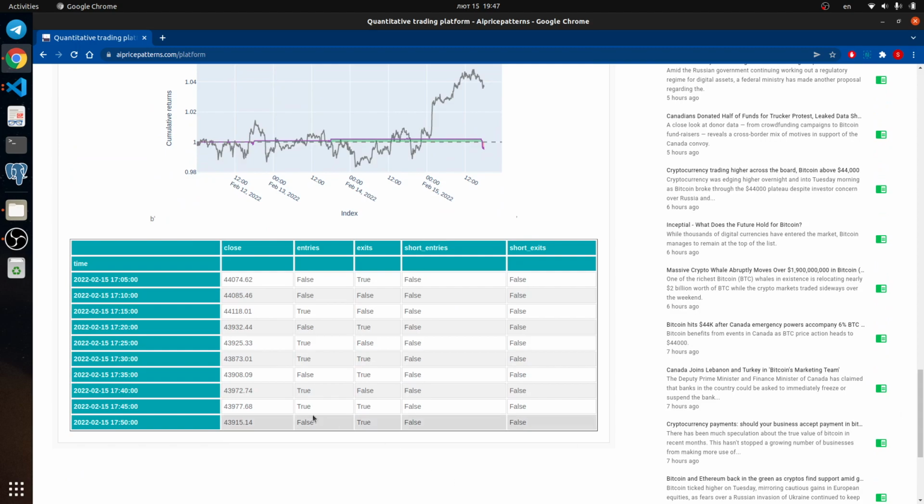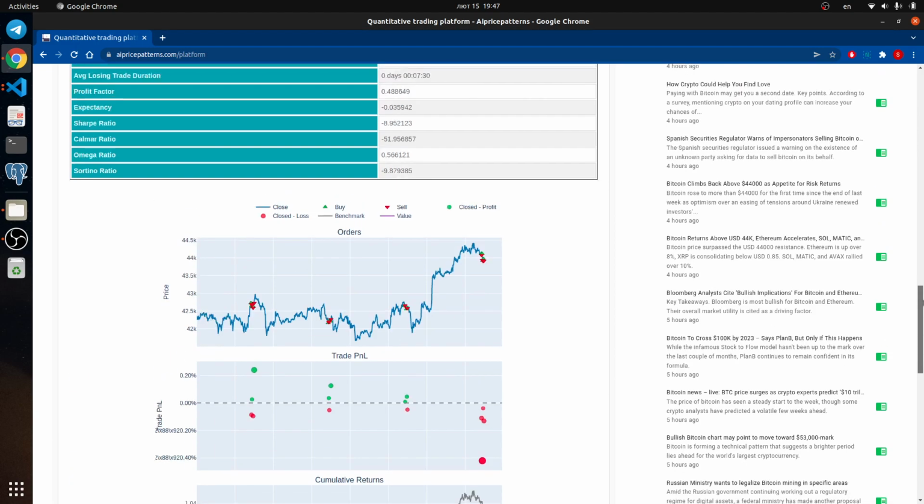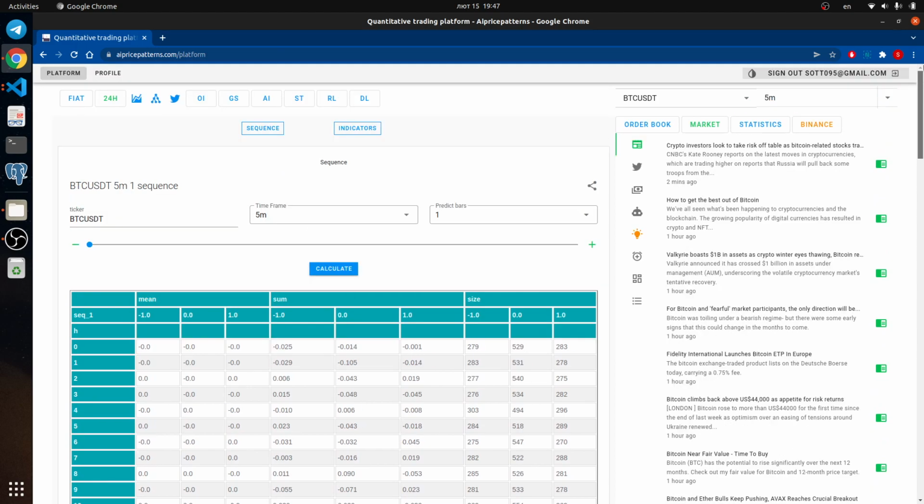Okay, and you see for those times we have some long entries, and we could use this information to make our trades. So this is some quantitative research. You could use it yourself, and you could take different coins and use different time frames.